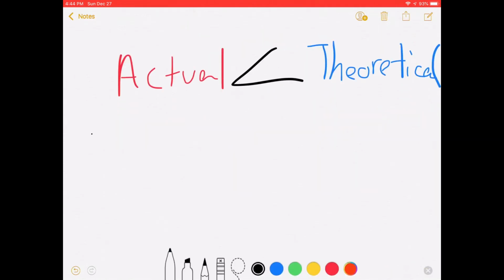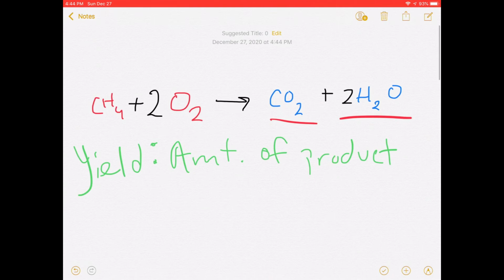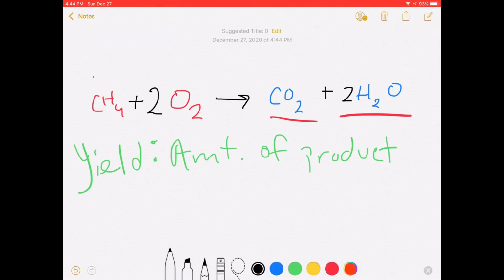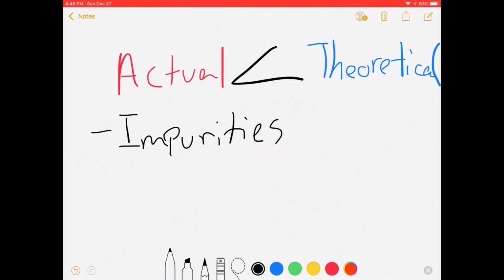One reason could be because of impurities in your reactants. For example, if we go to our first equation here, we could be reacting with not very pure methane. There could be some other elements mixed in with your methane. And so you're never going to have that perfect reaction between methane and oxygen. So let's go back down here.